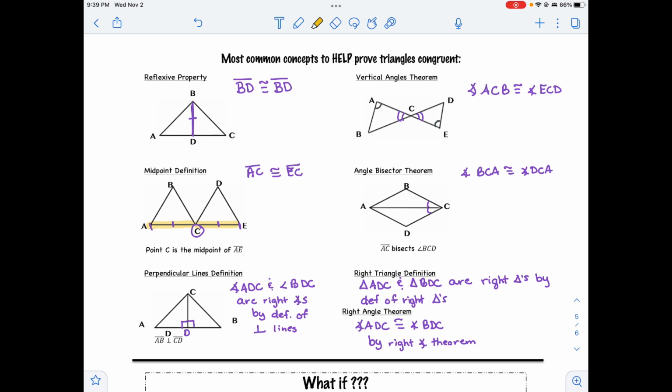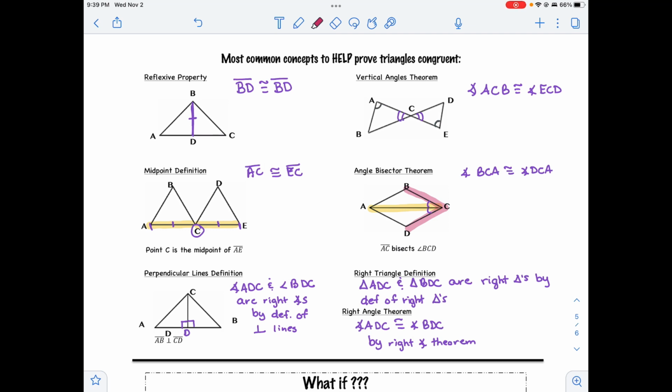Then you have an angle bisector. A bisector breaks an angle right into half. And this one says that AC here is breaking apart or bisecting BCD, which makes these two angles congruent. And then we can say the angle BCA is congruent to DCA, so the angle bisector theorem.